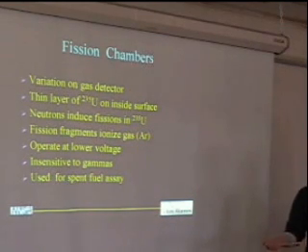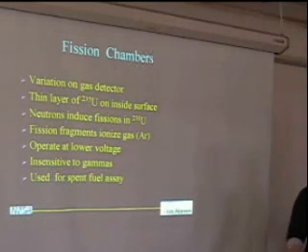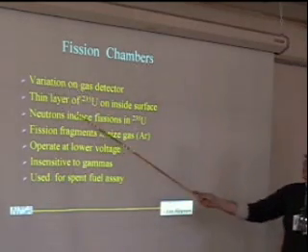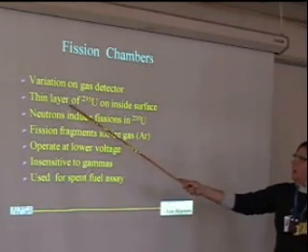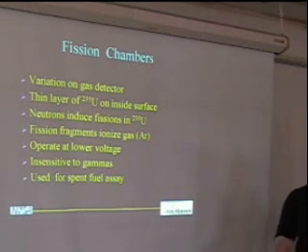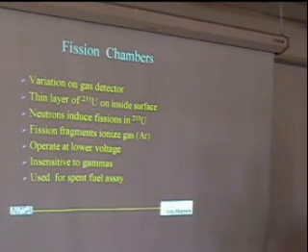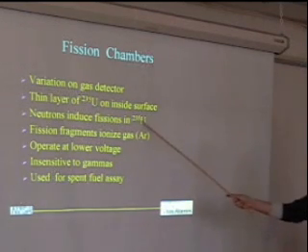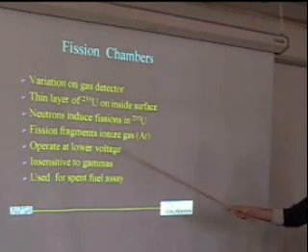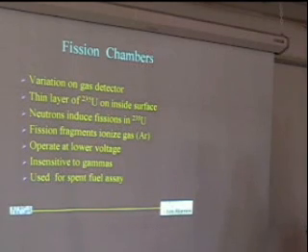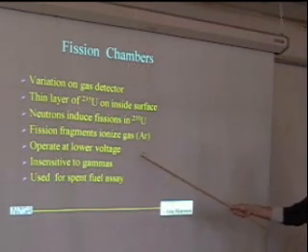So fission chambers are just another variation on these types of gas detectors. Basically what you have is a thin layer of U-235 on the inside surface of the gas volume, and neutrons will then induce fissions in the U-235. Then the fissions ionize the gas, which is typically argon with some methane.